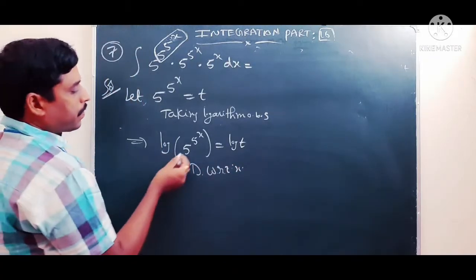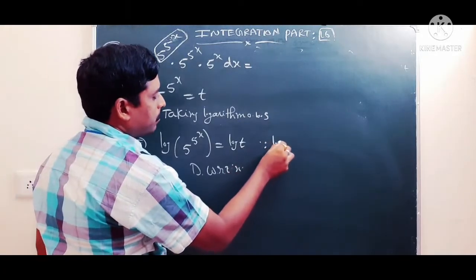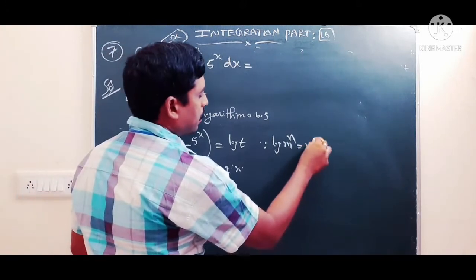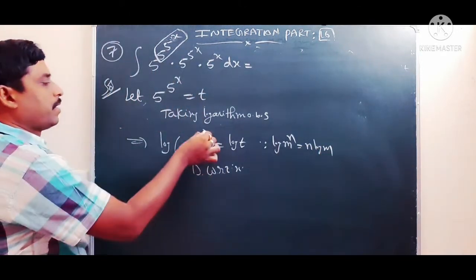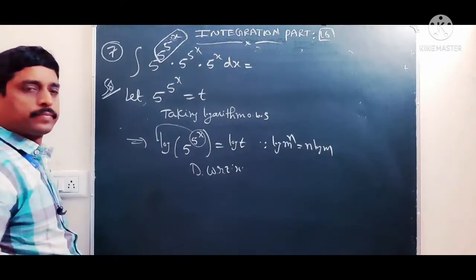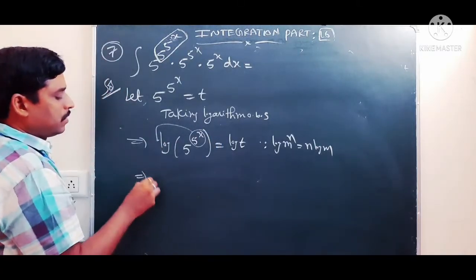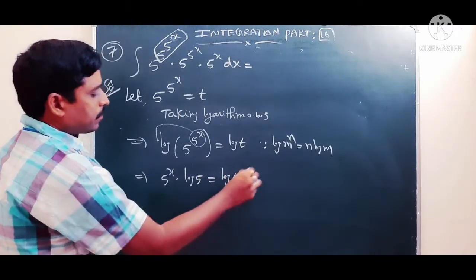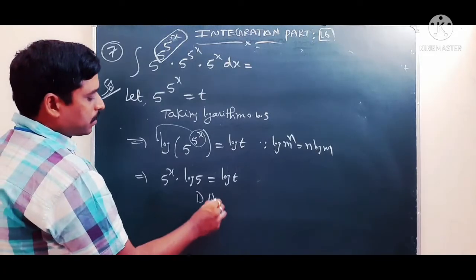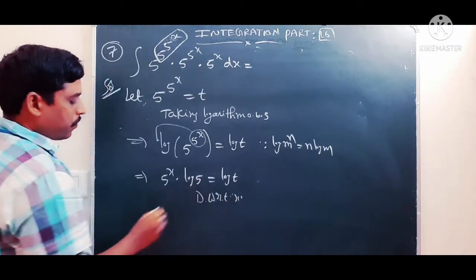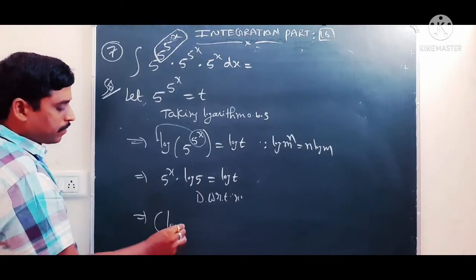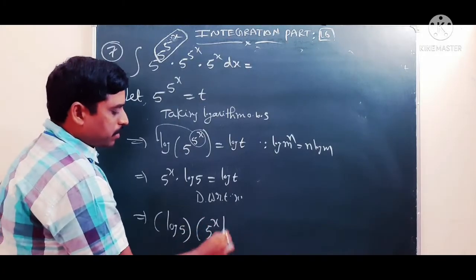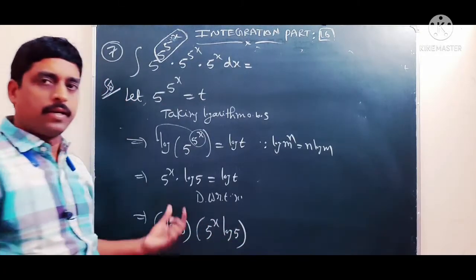First, applying the formula log m to the power n equals n log m, this gives 5 to the power x into log 5 equals log t. Now applying the derivative on both sides: log 5 is constant, and the derivative of 5 to the power x is 5 to the power x into log 5, according to the a to the power x formula.